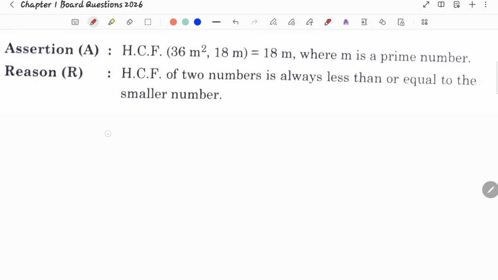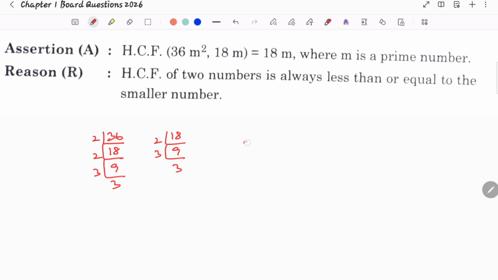M is prime number. So we can find the prime factors of the given number. The first number is 36m square. M is a prime number, so it is already in the product of prime factors. Now factorize this: 36 can be divided by 2 table 18, again divided by 2 table 9, now divided by 3 table 3. Next number is 18 divided by 2 table 9, can be divided by 3 table 3.